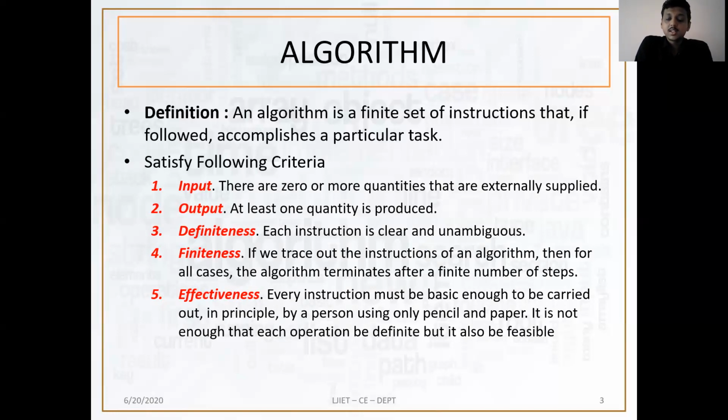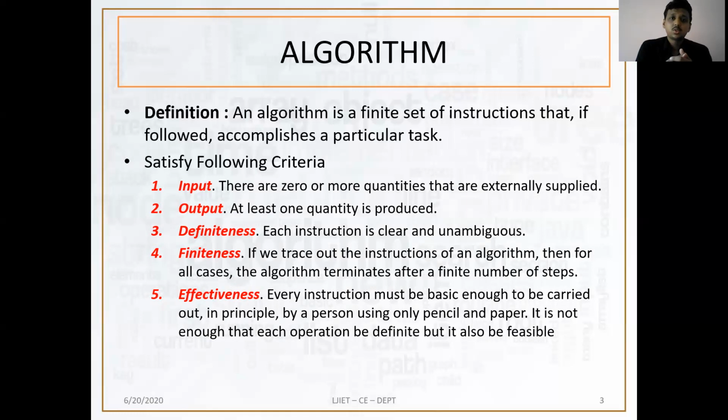Now, effectiveness. Every instruction must be basic enough to be carried out, in principle, by a person using only pencil and paper. It is not enough that each operation be definite, but it must also be feasible. If I tell you to go down, you have three options. First is to take the stairs, which is a feasible way.